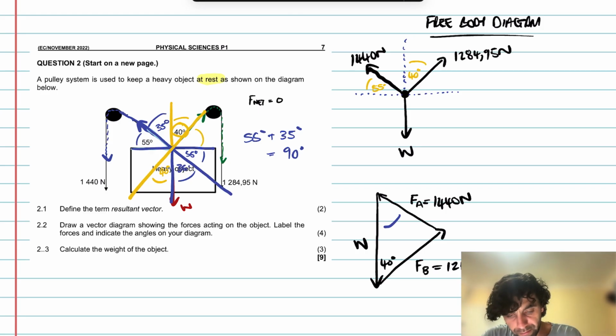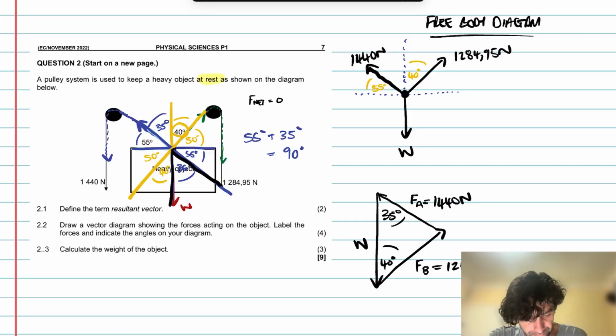And if this is 40 degrees, then this must also be 50 degrees. I don't know if that makes full sense to you guys. I hope it does. But basically this angle over here is 35 degrees.